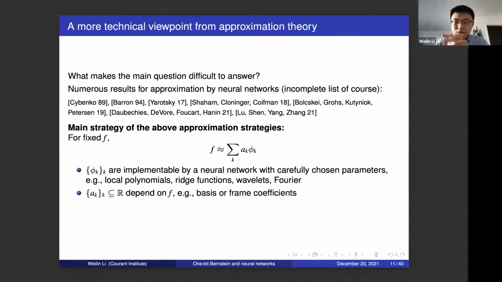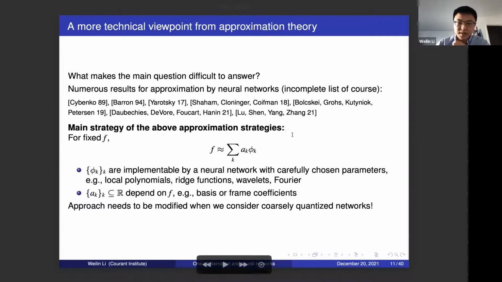That is already posing some issues. But then these a's themselves would also have to be plus or minus one. And so you would be asking how to approximate a given function with a linear combination of plus or minus ones, and that's not a simple question to answer. We would have to make some serious modifications to what is known in order to actually address this question.